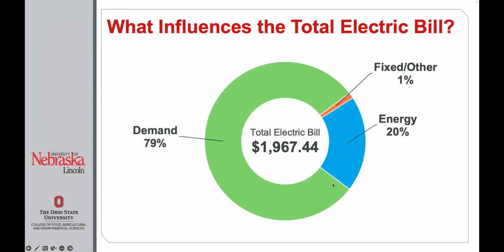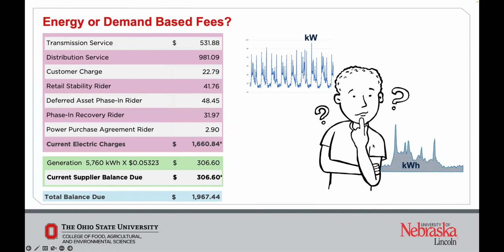We've structured this webinar series so that we'll walk through this same bill and touch on it each week. Next week, we'll come back and look at how the demand charges in this bill are impacted. But today, we're going to focus on 20% of that total $1,967 related to the energy charges.